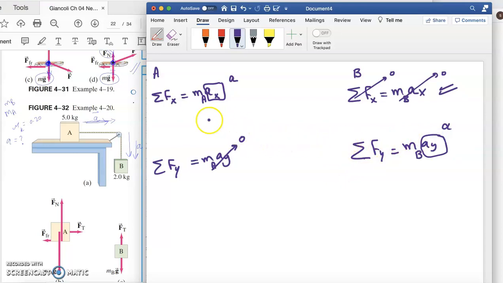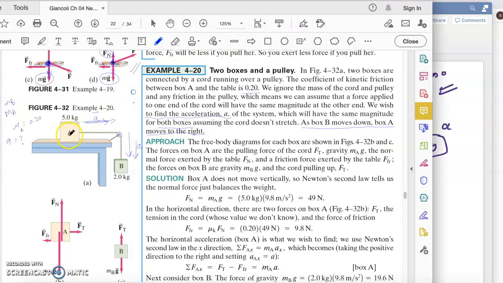Okay? Now, come back to object A. We will try to sketch the free body diagram for each one of them. So this is object A, and definitely there is m_A times g. This is Fg for object A. And definitely there will be normal force.